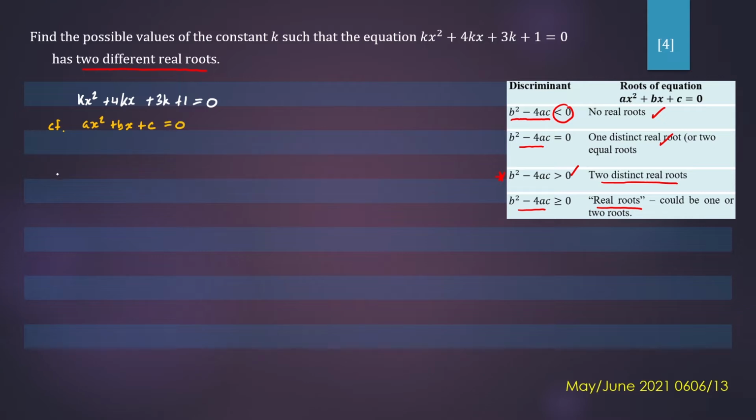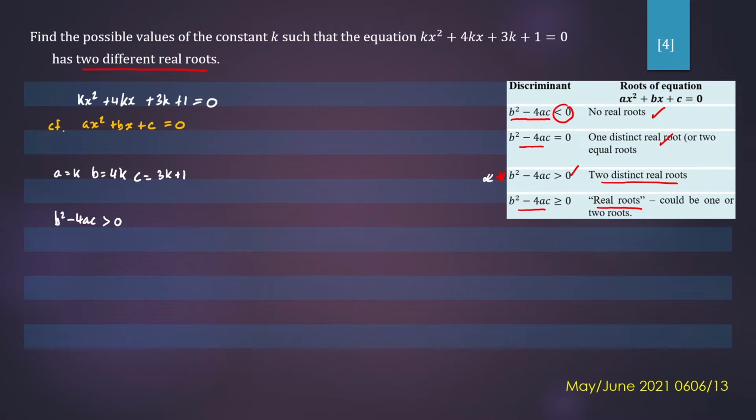So when we compare them, we can see that a equals k, b equals 4k, and c equals 3k plus 1. So the next step is to write down your required discriminant, which is b squared minus 4ac is greater than 0.